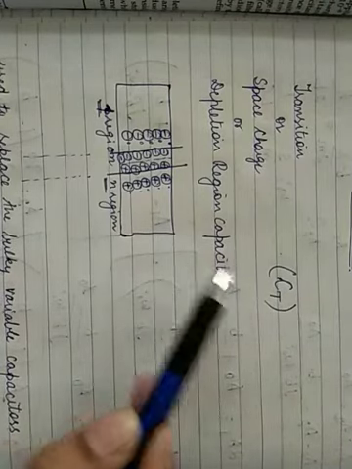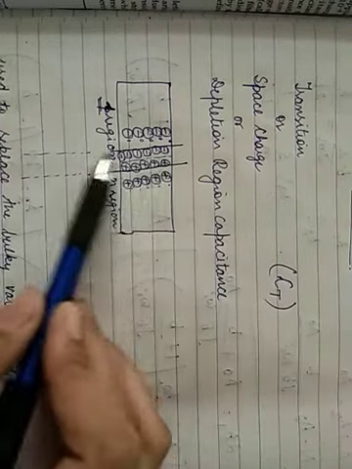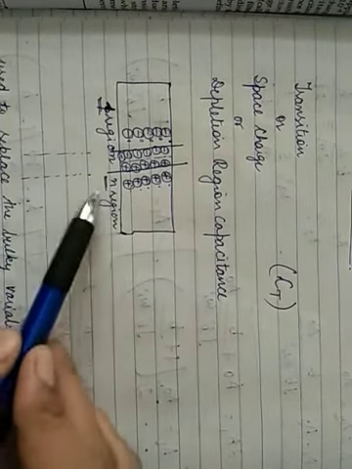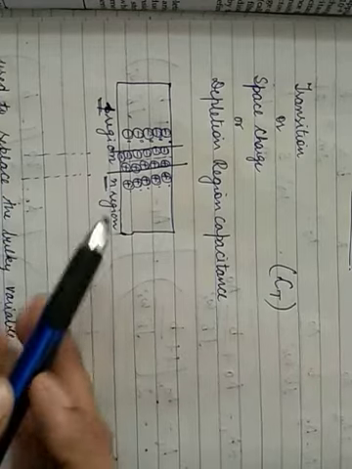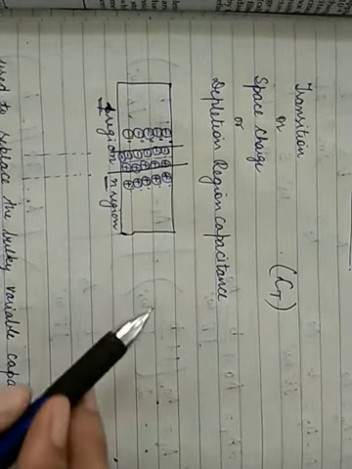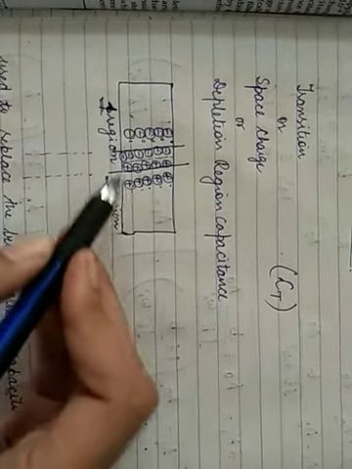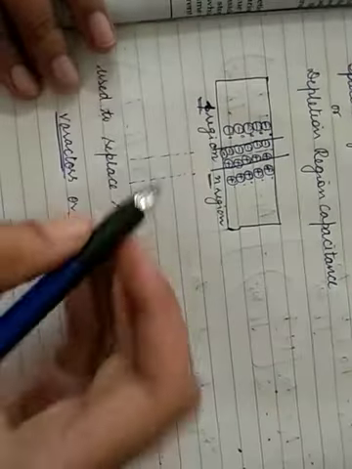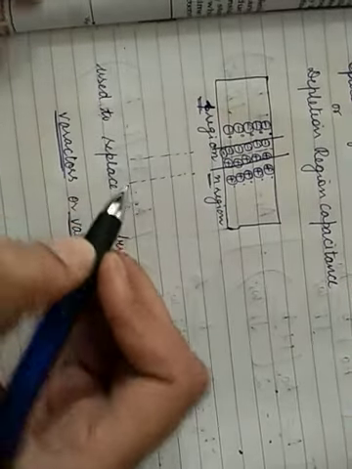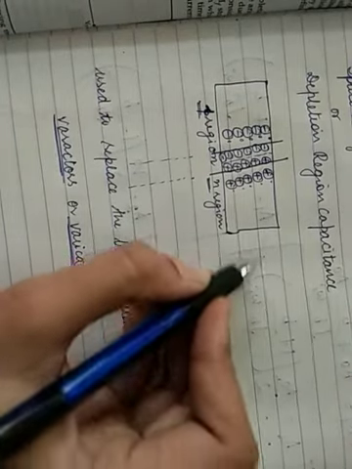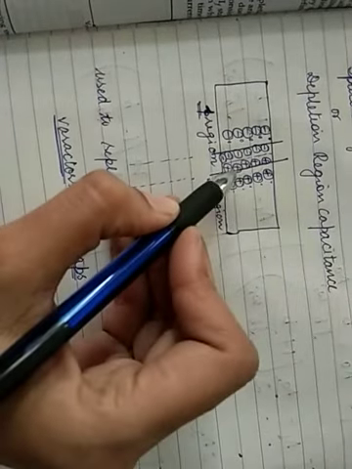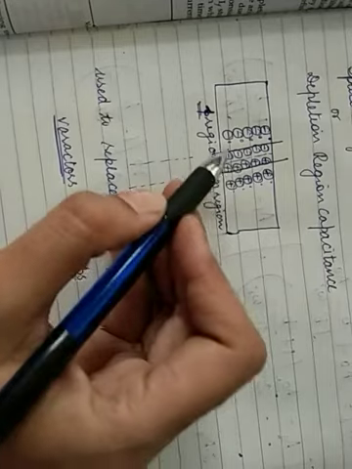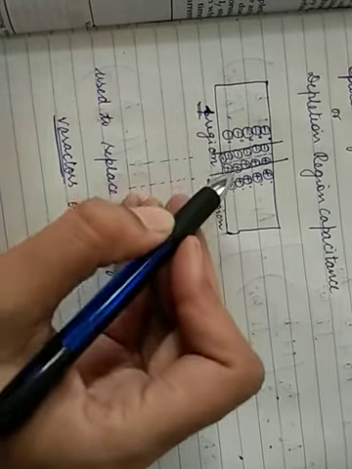As you know, there is a depletion region, as the P and N regions are connected to each other. During no bias, there is a space charge region. This I have represented by these dots. When forward bias is applied, the space charge region decreases.